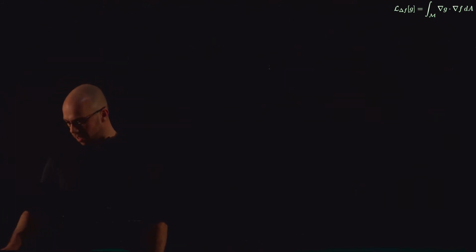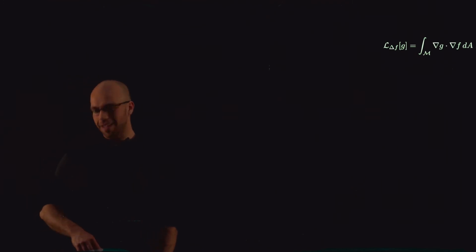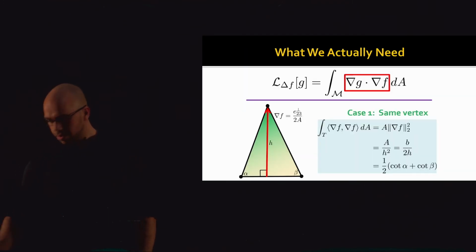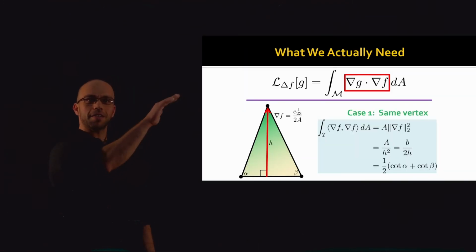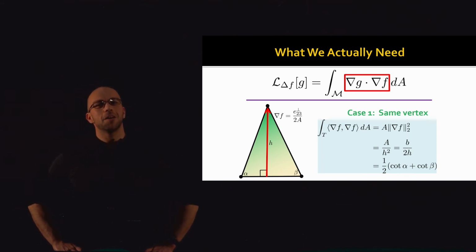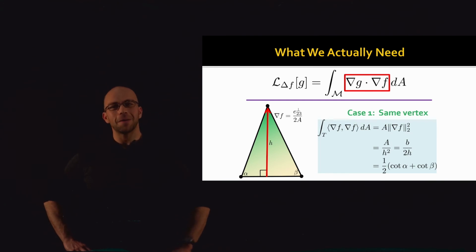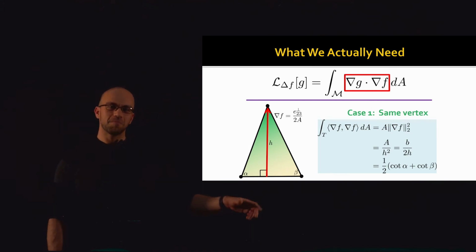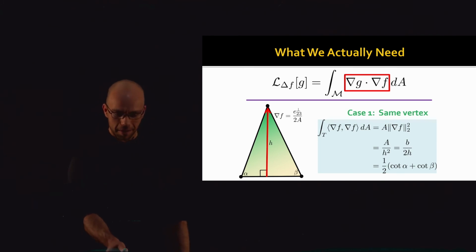Okay, so let's take a look at some slides that are going to summarize the calculation we just did. Essentially, again, what we're after is this integral on the top, specifically when f and g are written in hat basis. But here we're just working on one triangle. So a hat basis is just basically a linear or an affine function that's 1 at one vertex and 0 at the other two vertices. And so we showed essentially two different formulas.